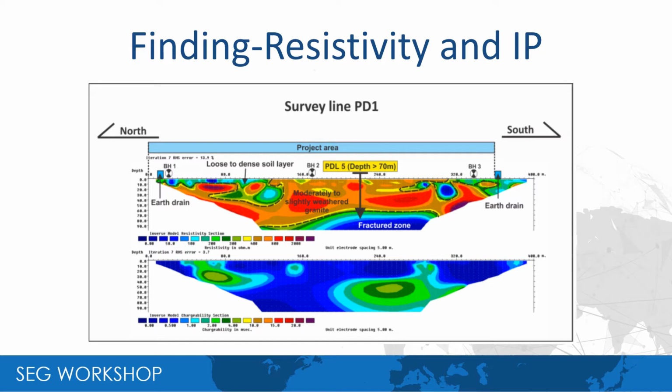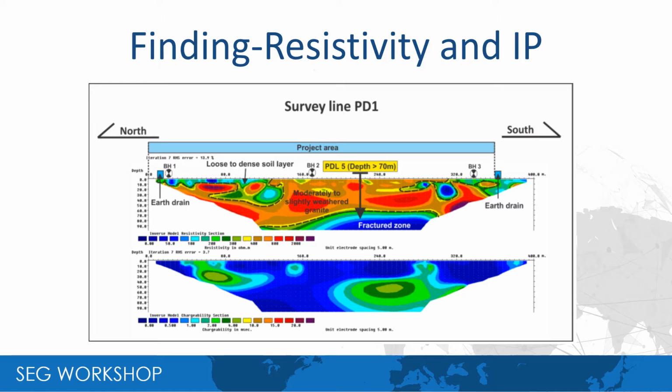Okay, for PD 1, which is survey line number 1, basically the rock here we can interpret as quite uniform, maybe consisting of granite, and we observe that the fracture zone may be at the bottom of the profile, around 80 to 90 meters depth.